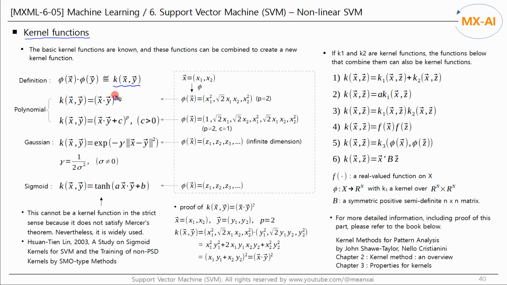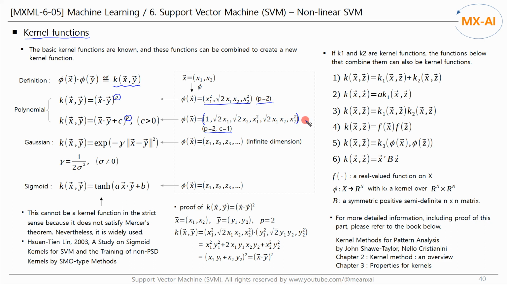A p-order polynomial can be a kernel function. If p is 2, the two-dimensional data point x is transformed to the three-dimensional data point like this. The general form of a p-order polynomial is as follows. If p is 2 and c is 1, a data point x is transformed like this.